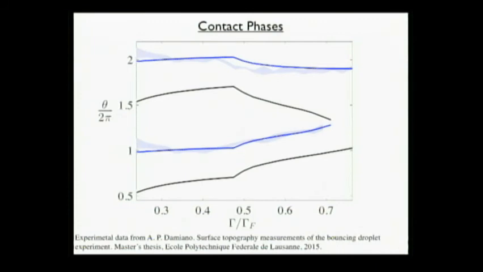So the droplet is always in flight at the very beginning, at the very bottom of the graph, and as time increases, it eventually touches down as it reaches the black curve in our simulations, or the shaded region in experiments, and it flies off again when it reaches the blue curve or the shaded region. So, as I said, there is no feedback between experiments and our modeling. Yeah, you have a question?